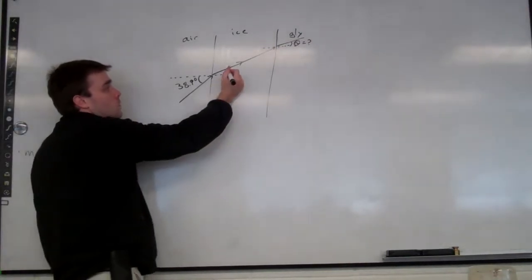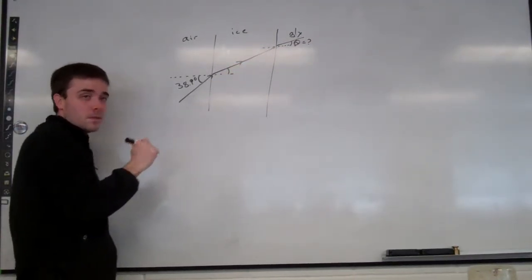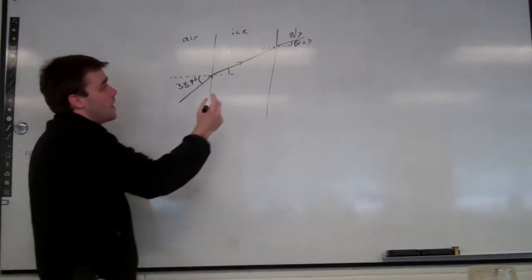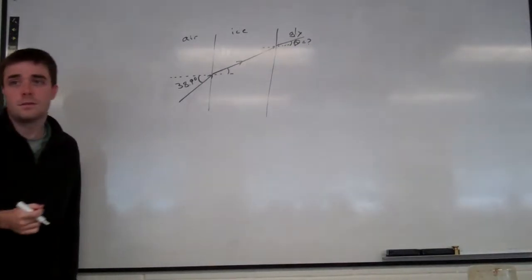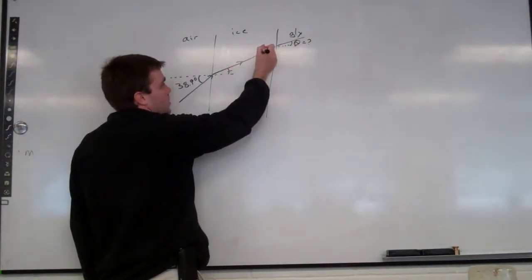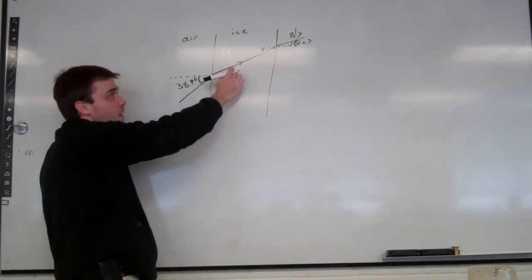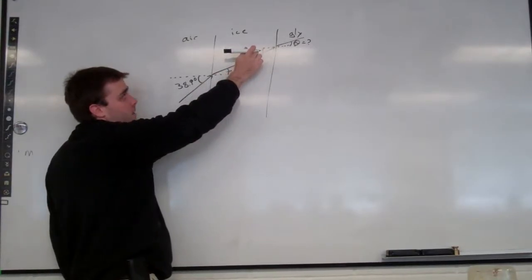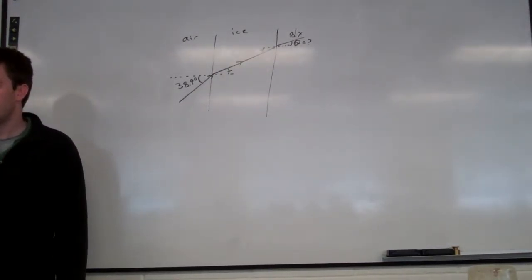Now, we can find this angle using Snell's law. And what's going to be true about these two angles, since everything's parallel here? They're congruent, they're equal. So if we find this, we're going to find this one, and then use that as the entrance angle for the ice and the glycerin. So again, it's just a two-step problem. Does everybody see how that works?